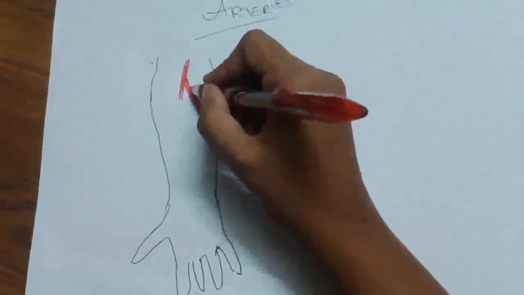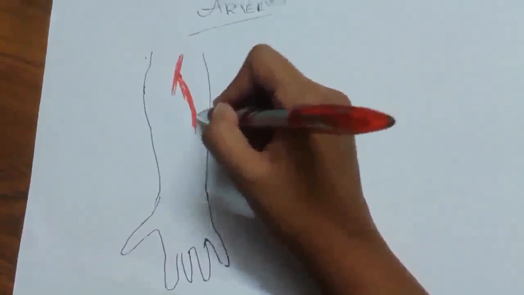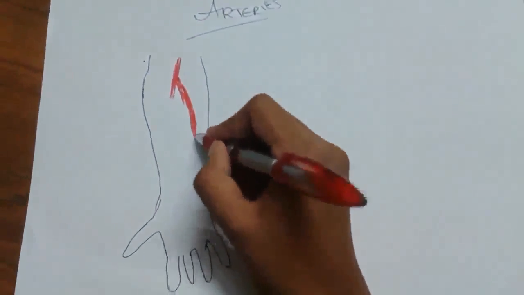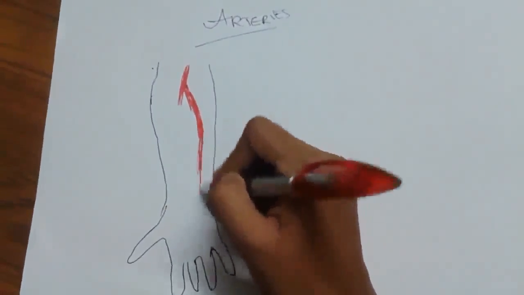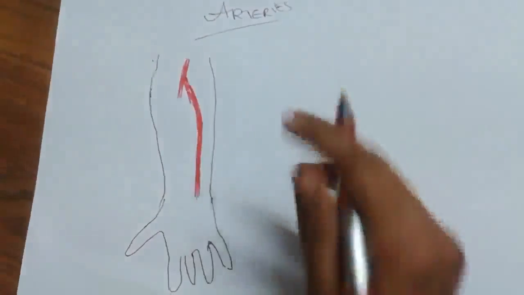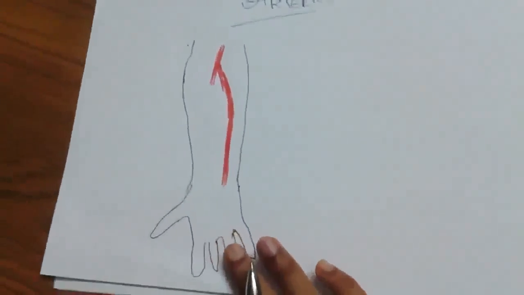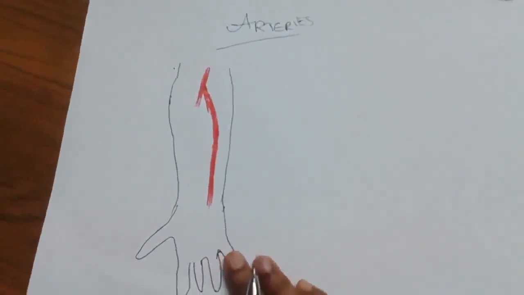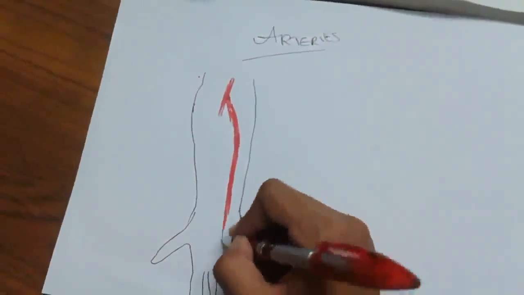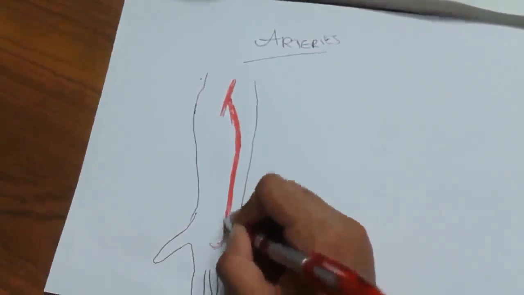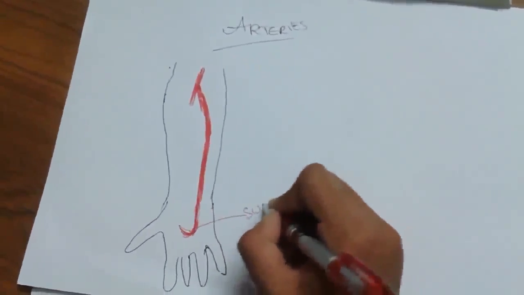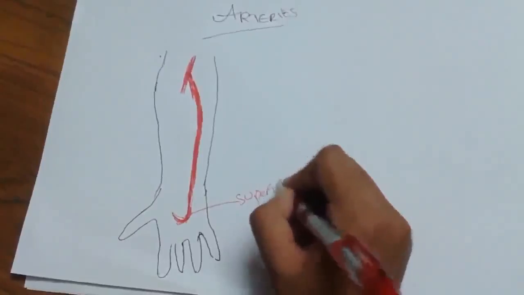Okay, and then what does it do? It runs downwards, obliquely mainly, up to the middle of the forearm, and then after that its course is mostly straight. Okay, and then it enters the palm in front of the flexor retinaculum, and then it combines with the superficial branch of radial artery to form superficial palmar arch.